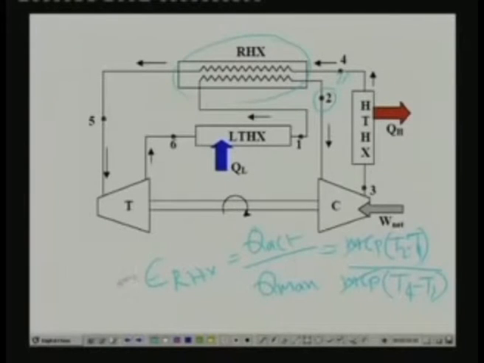So, finally, you find that the effectiveness of the heat exchanger is given by (T2 minus T1) divided by (T4 minus T1). Of course, you can also write this in terms of the hot air stream, as (T4 minus T5) divided by (T4 minus T1). So, you can use either this expression or this expression.